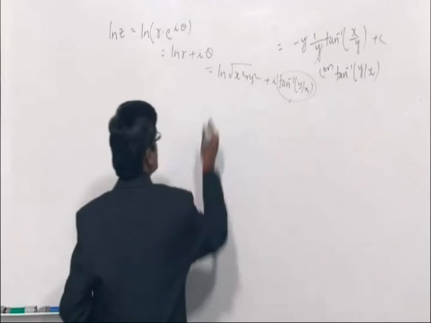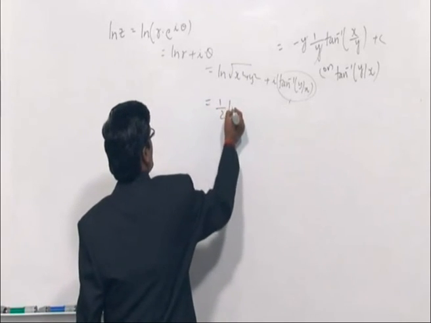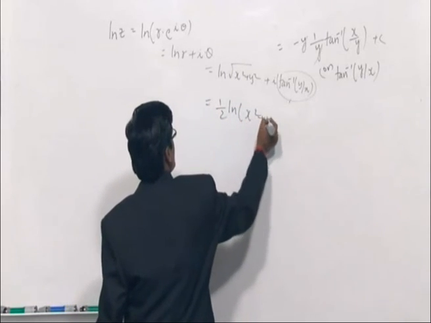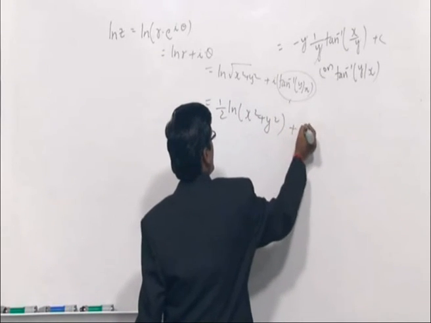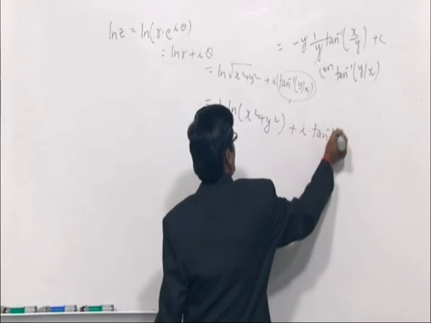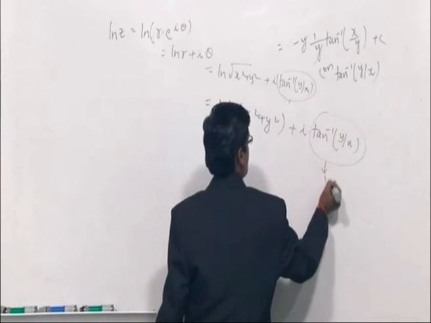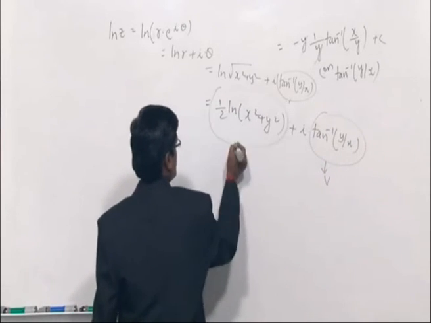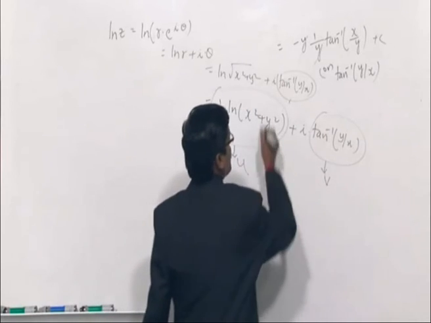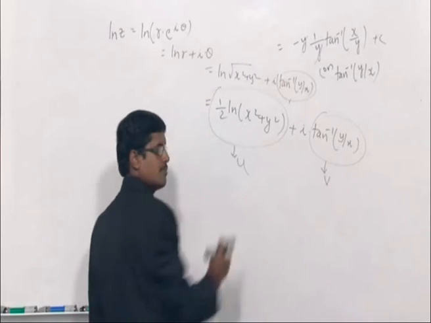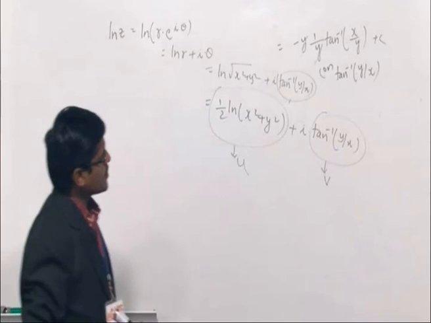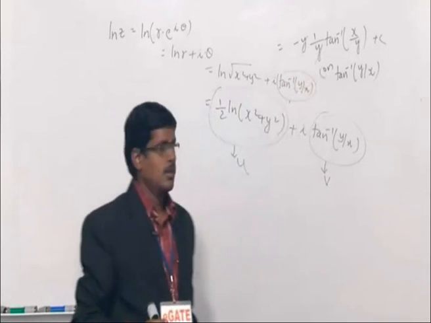So this can be written as half ln of x square plus y square, plus i into tan inverse y by x. So this term is v and this term is u. It is better to remember this as a formula directly. Whenever this is given, this is the answer according to the options. If the option is not given, that is also correct.